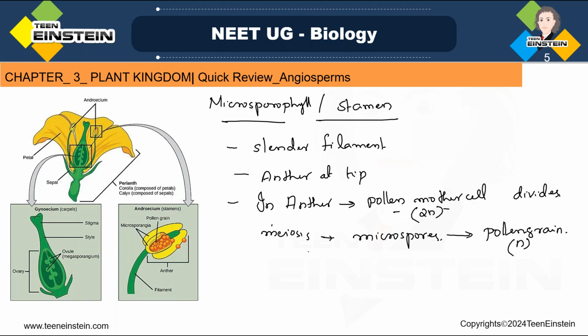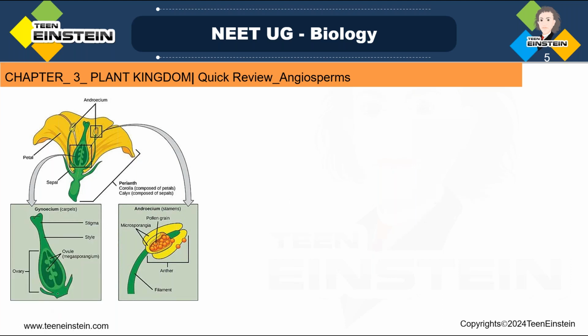Next is the female sex organ, pistil. This is the female sex organ, pistil or carpel. Here you can see this is the pistil or gynoecium or carpel.